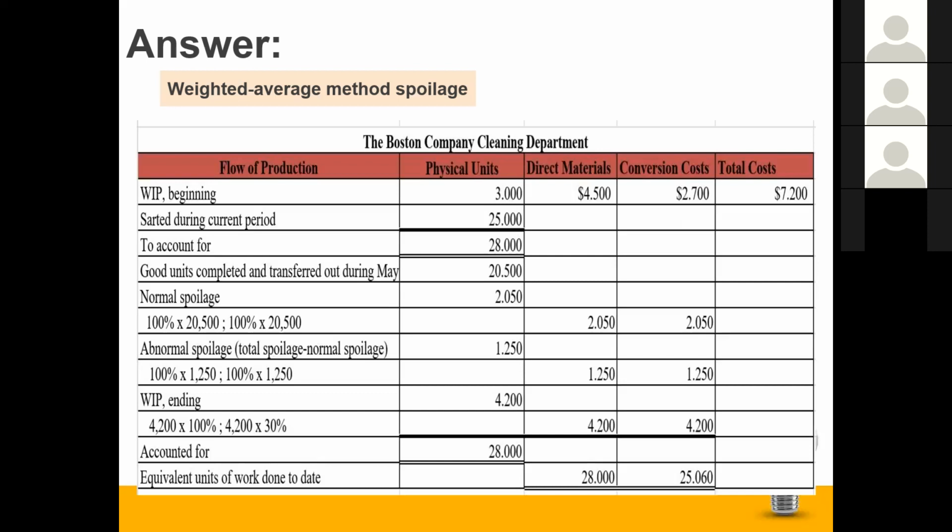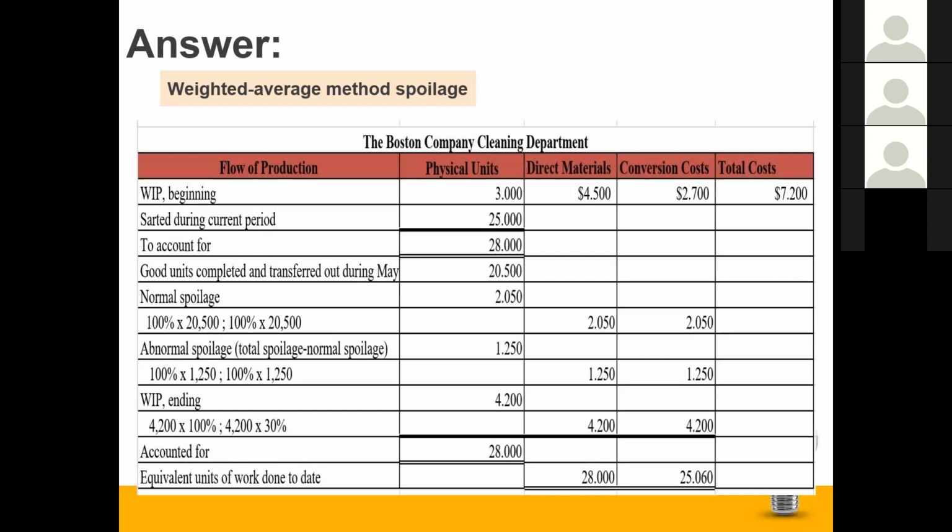Normal spoilage is 250, and the equivalent units calculated are direct material 250 and conversion cost 250.